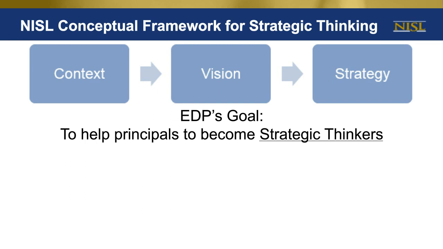We feel it's extremely important that participants develop the capacity to bridge the gap between their current context and their vision for where they want their schools to be. And to do that, as a strategic thinker, it's important that they outline a strategy to operationalize that vision and where they want to go with it.